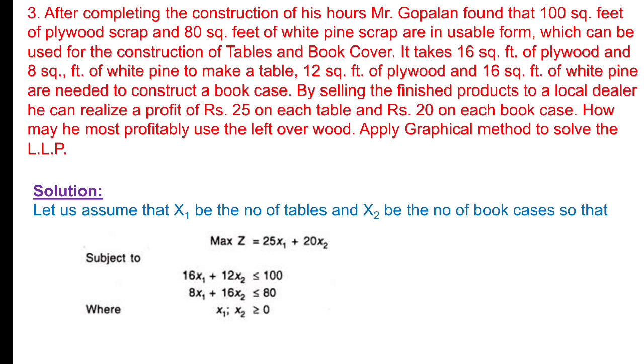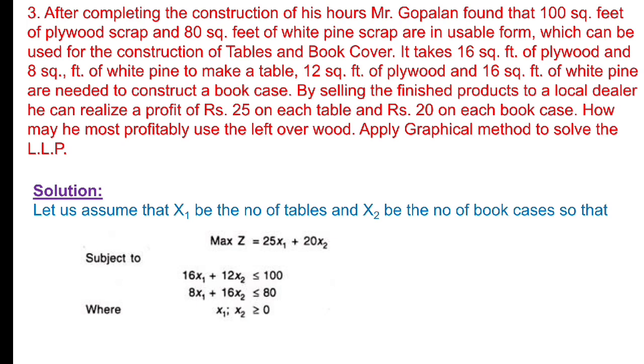The first is prepared with 8 square feet and the second with 16 square feet. So the first constraint is for plywood and the second is for white pine, and we consider separately 8x1 plus 16x2 less than or equal to 80. Availability is 80. Therefore the condition is x1, x2 greater than or equal to 0. This is the way we need to make a formulation. Once formulation is over, we can solve by the graphical method.